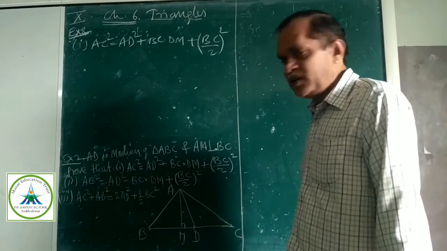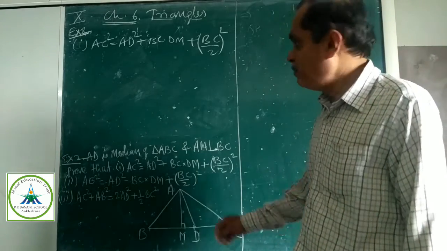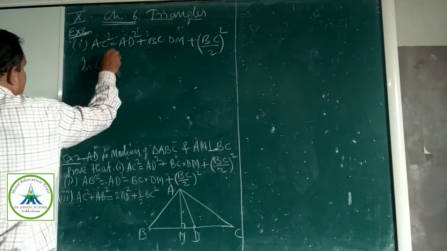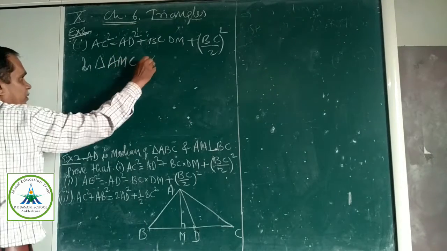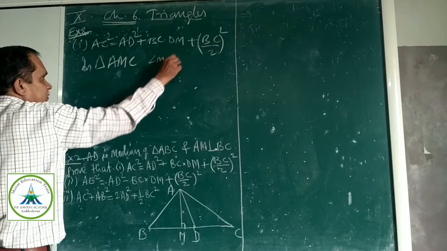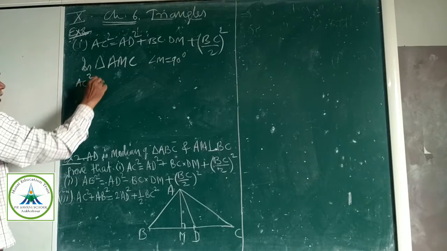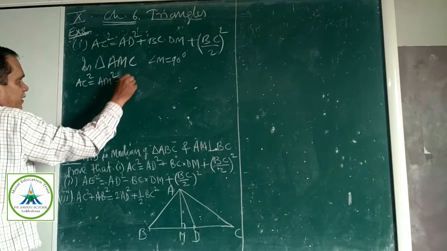In triangle AMC, angle M equals 90 degrees. Write down AC square equals AM square plus MC square.